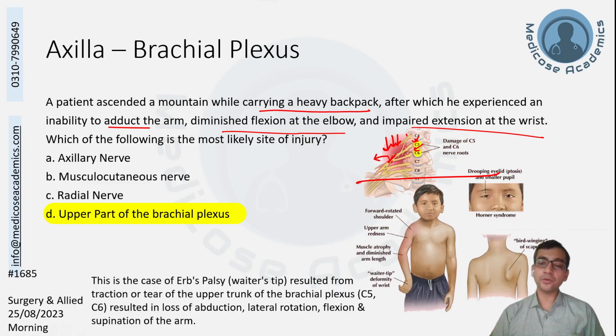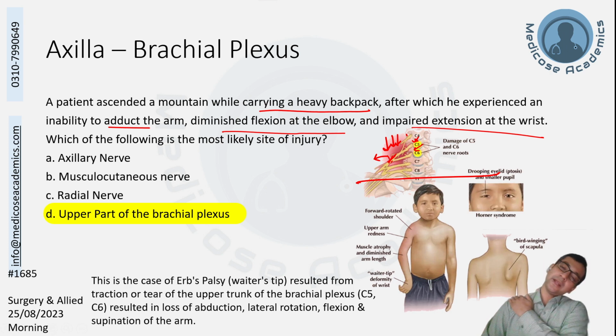Another way it can be injured is anything that increases the angle between the shoulder joint and the head, like this. If that angle is increased, the injury can occur here, and the nerves can be avulsed.